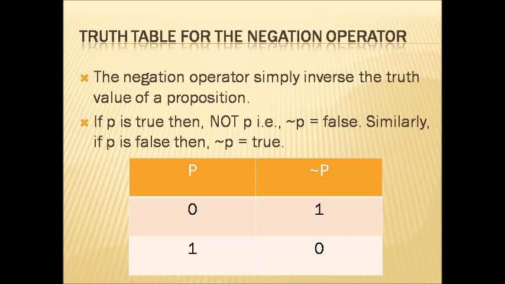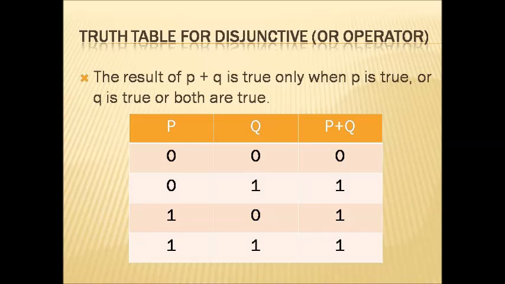Now we are going to see the truth table for the disjunction or OR operator. We use the plus symbol to represent the OR operator. So P and Q are the 2 propositions. We are going to find the truth values for P plus Q. As there are 2 propositions inside this compound proposition P plus Q, P and Q, right? So P can be 0, 0 means false, and Q can also be 0.